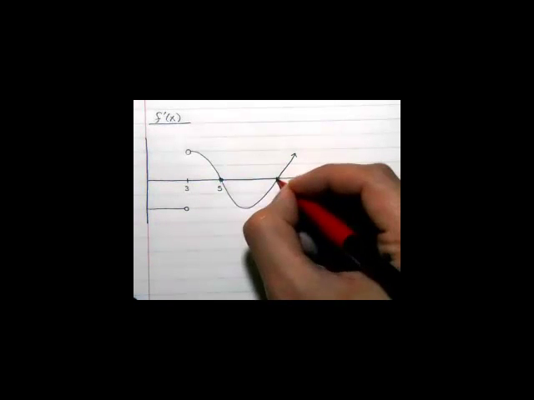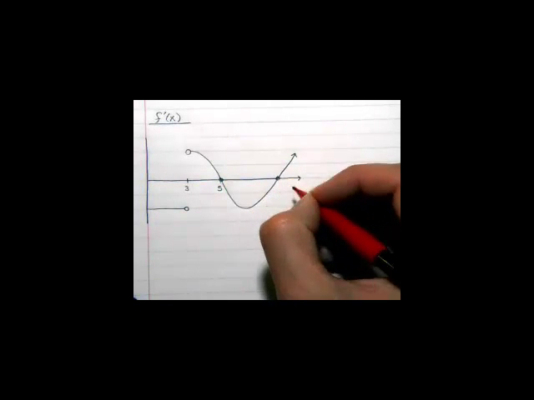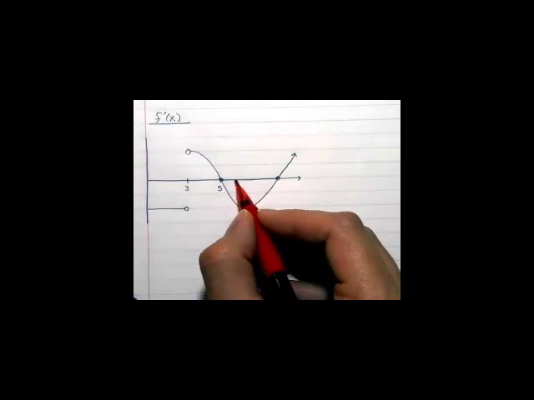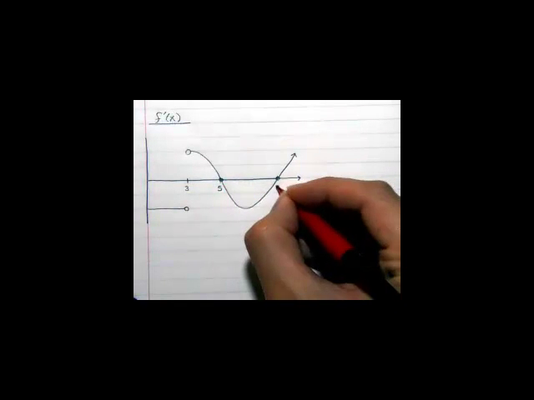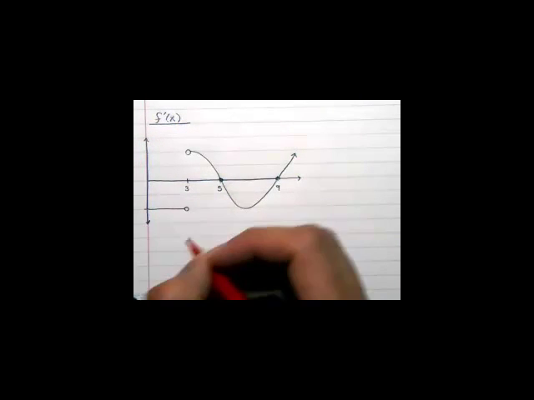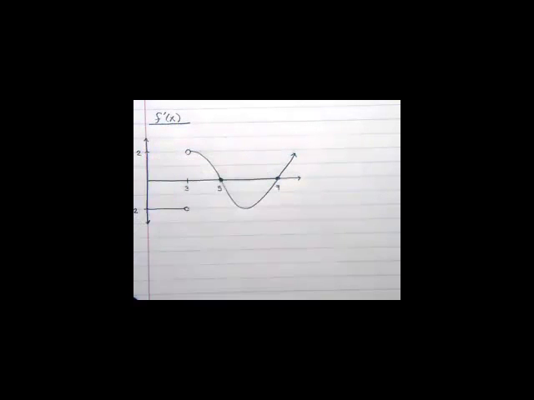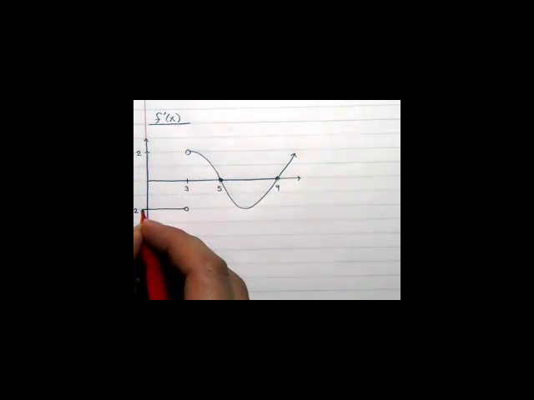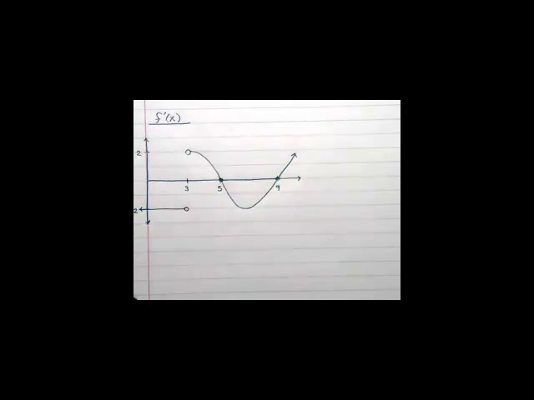You guys are probably like, when he says interesting, he usually means hard. 5, 6, let's say 9. Alright. And then let's say that's at -2. This is 2. Okay, and then this would continue going that way.